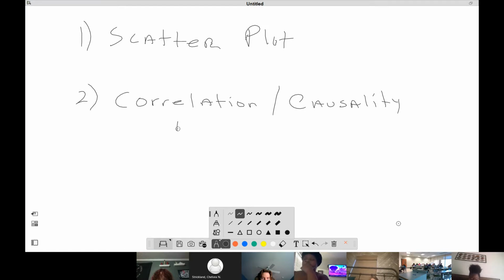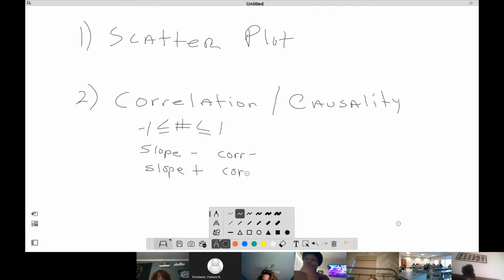Correlation is a number between, anybody know, -1 and 1. It goes along with the slope. If the slope is negative, the correlation is negative. If the slope is positive, the correlation is positive. That is a test question that somebody will miss. Okay?